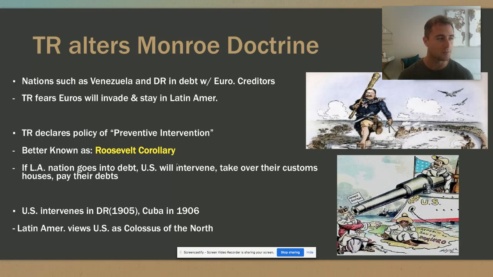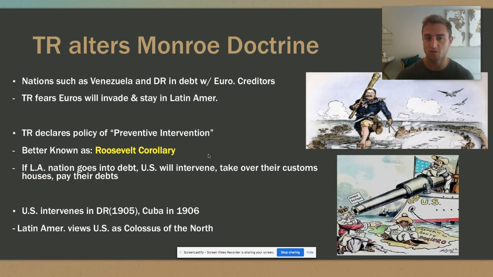And in the age of imperialism, if you fall into debt to a European country, more likely than not, that European country is going to come in and forcefully collect that debt, and in the process, take over your country, or at least take over some of the valuable lands that you have.